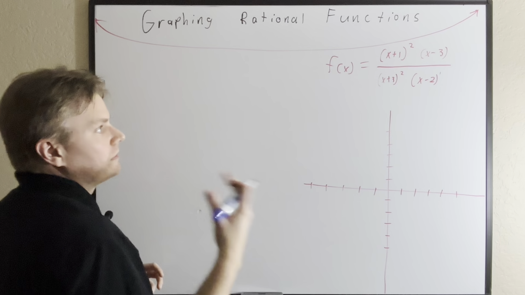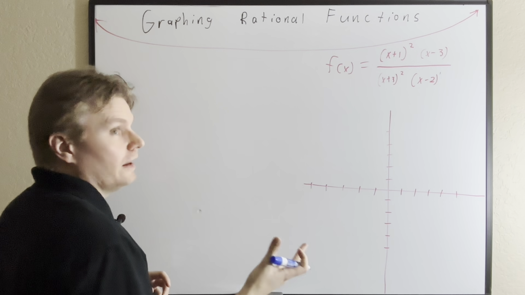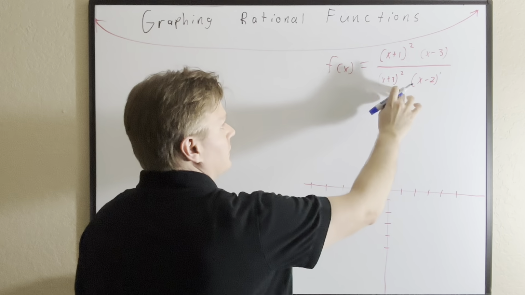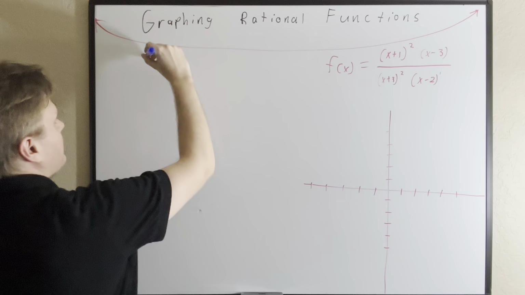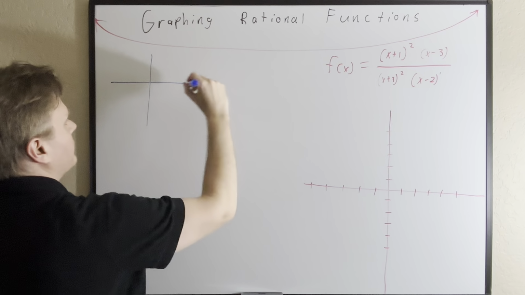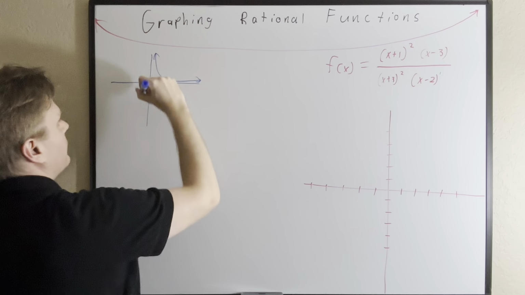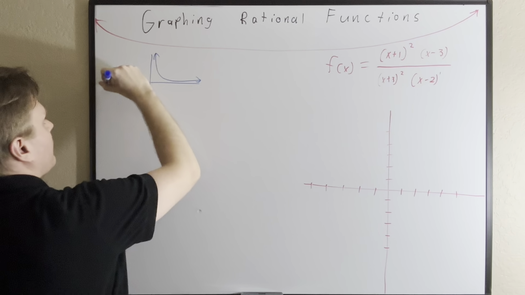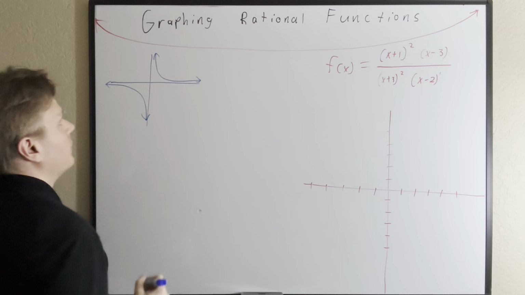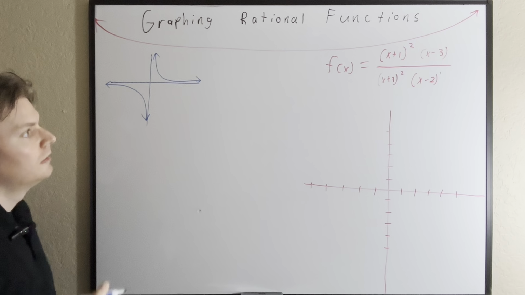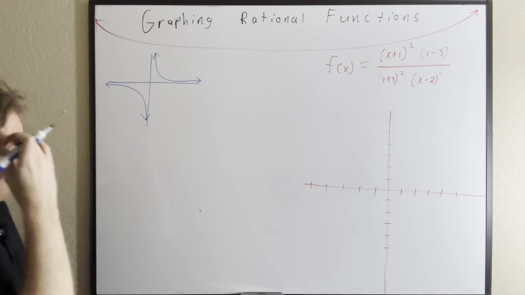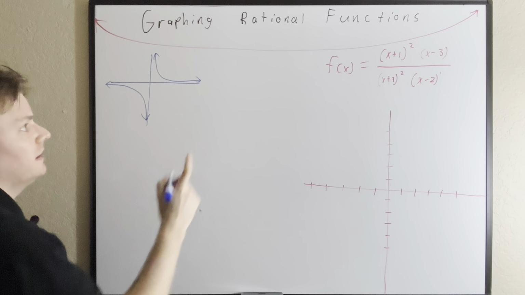So if there's an odd degree in the denominator, that means it's going to look something like this. All right? At least that's the end behavior.